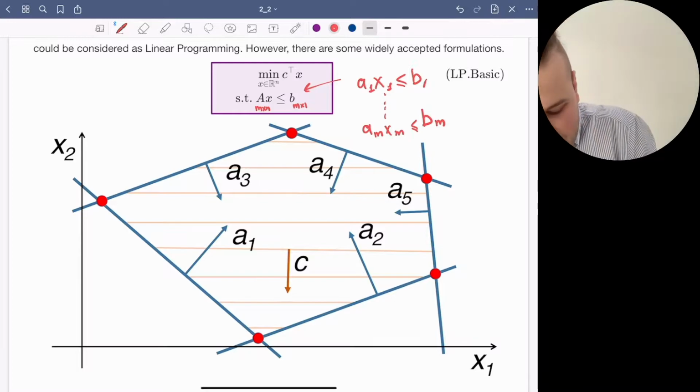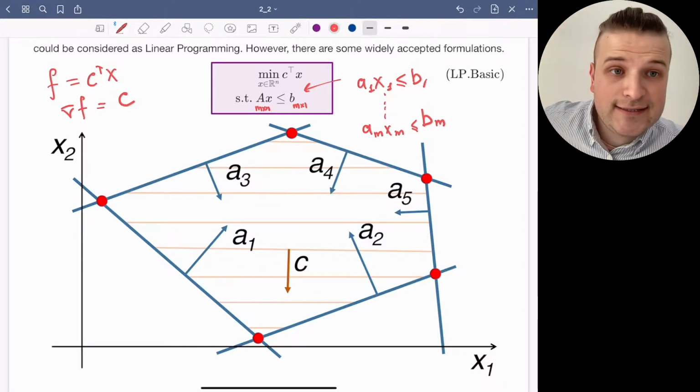Because if our function is c transpose x, then the gradient of our function is just vector c.